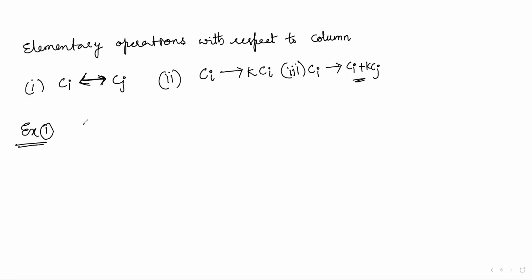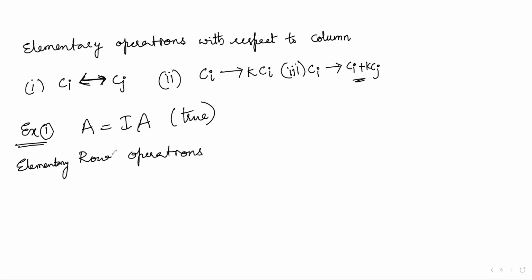First thing, we write A equal to IA. Is this a true statement or not? This is true, A equals IA. Now, if we want to apply row operations, we'll apply elementary row operations.